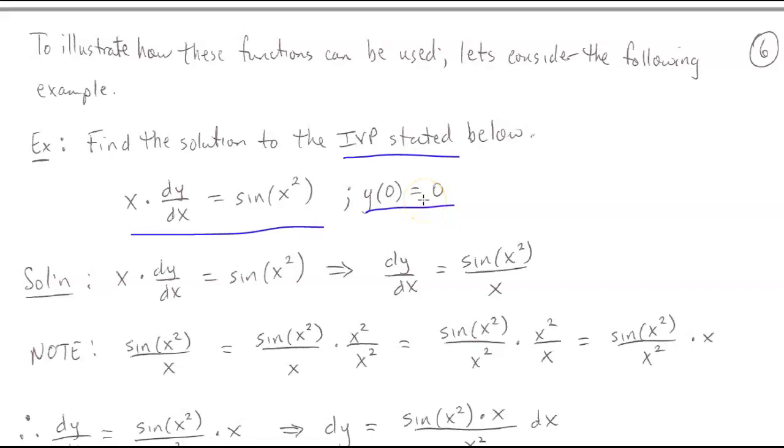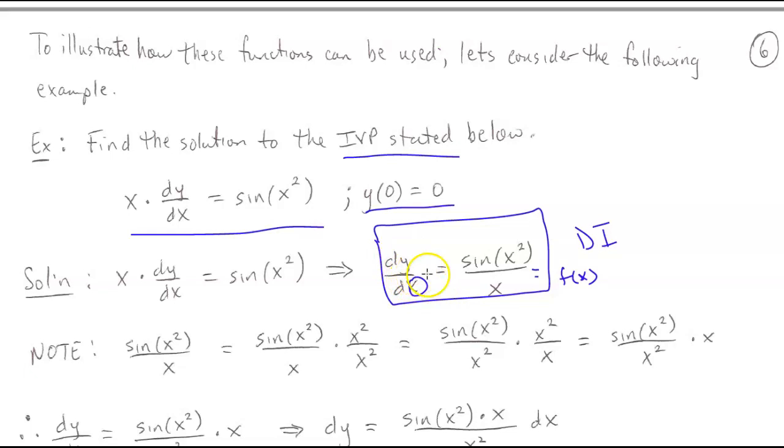The first thing that we notice here is that we could rewrite our first order differential equation in this form, which means by definition, it is directly integrable since sine of x squared divided by x is indeed a function of just x, which is the same variable that we're taking the derivative with respect to for y.